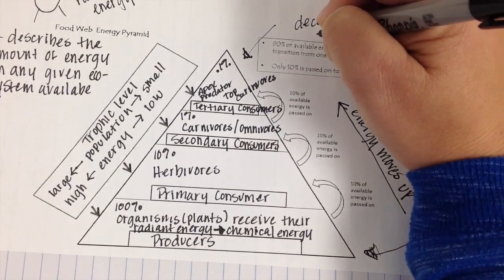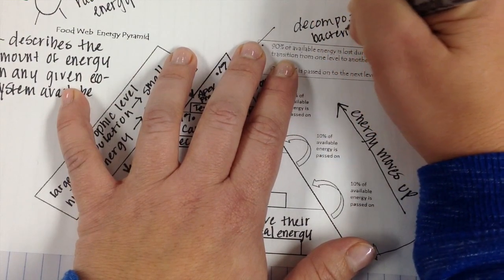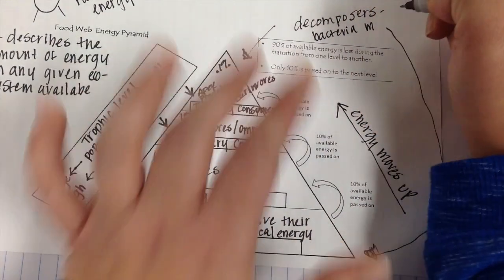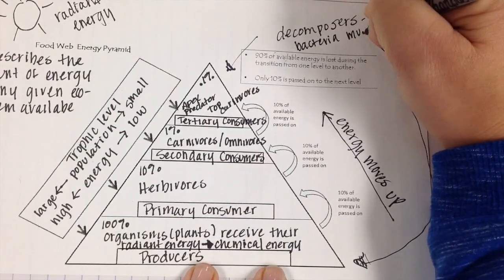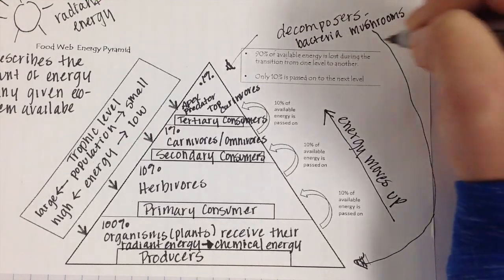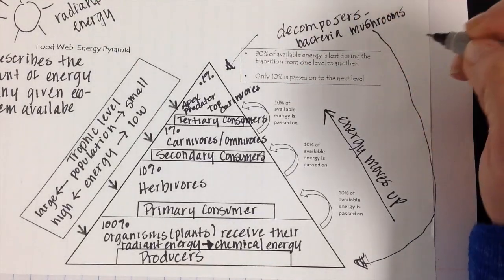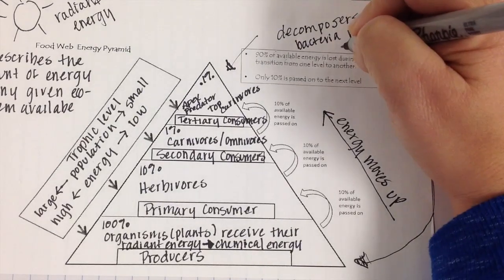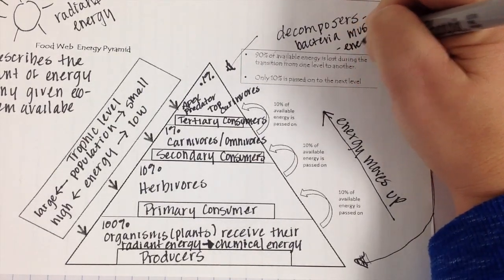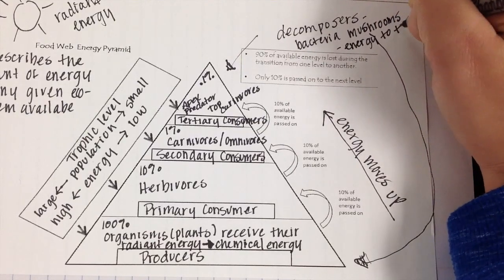So decomposers are things like bacteria, mushrooms, cockroaches, etc. Okay? And they bring energy back to the ground.